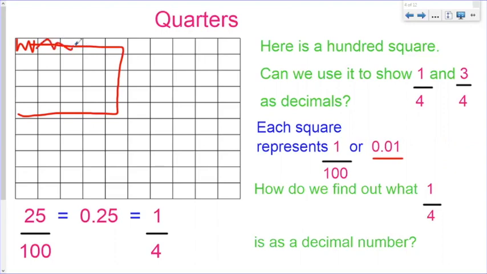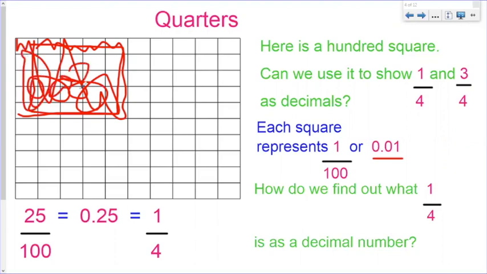Okay, and we're going to just colour this in really messily, but I want to show you that I have sectioned off 1/4 of this 100 square. That's slightly better. Sorry, everybody. I know your colouring in is a lot better than mine.